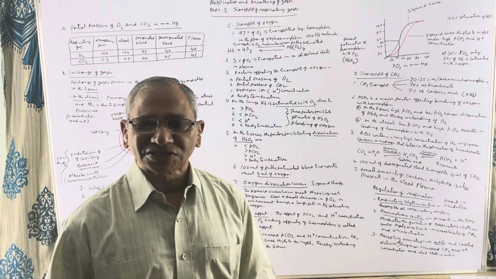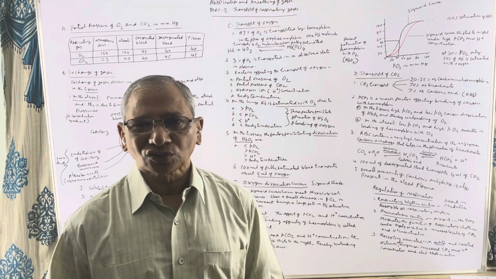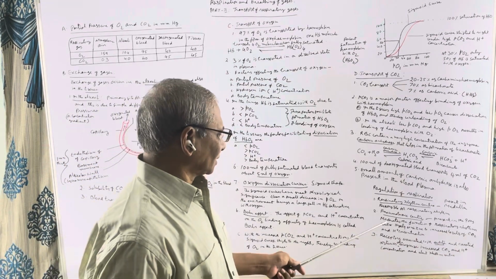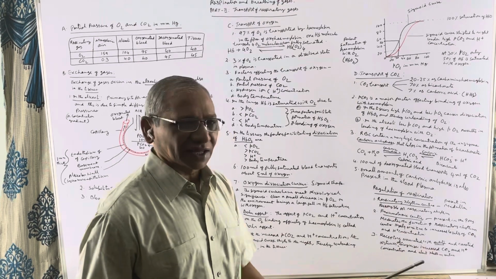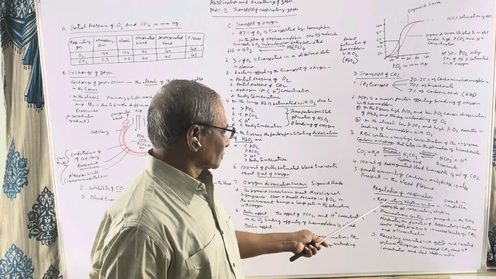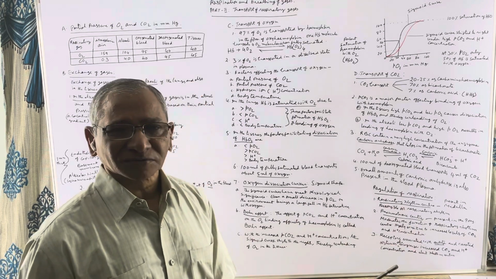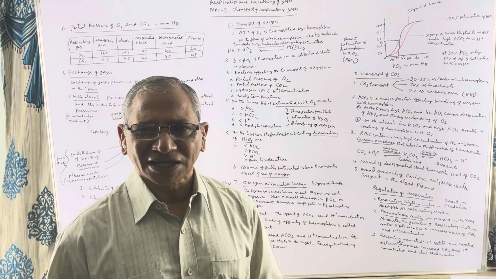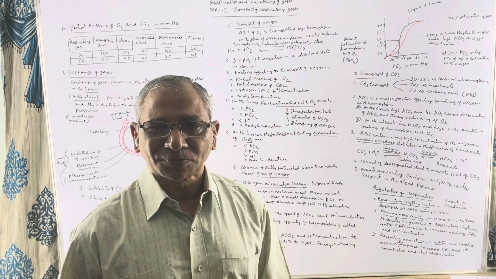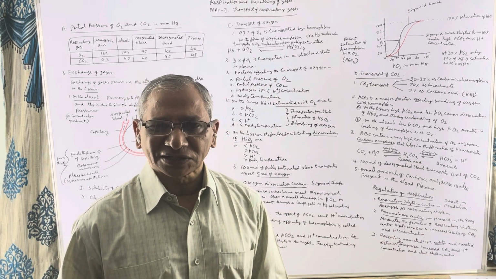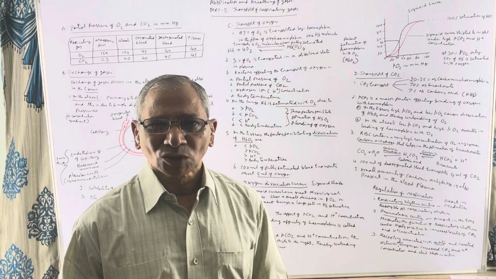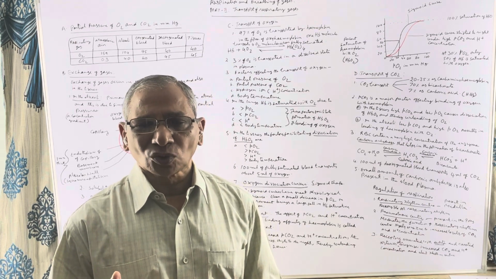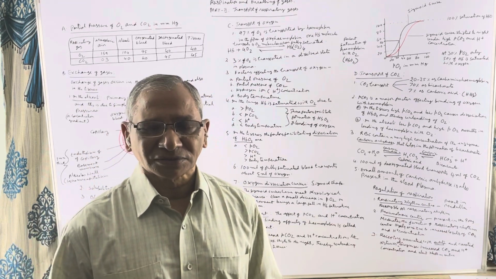Whenever the carbon dioxide PCO2 and hydrogen ion concentration increase in the blood, in the venous blood, what happens? This pneumotaxic center acts upon the respiratory rhythm center. As a result, the rate of inspiration increases. See, expiration is a passive process. Inspiration is very important. So when the rate of inspiration increases, more and more oxygen is taken by the blood and more carbon dioxide is released from the blood.